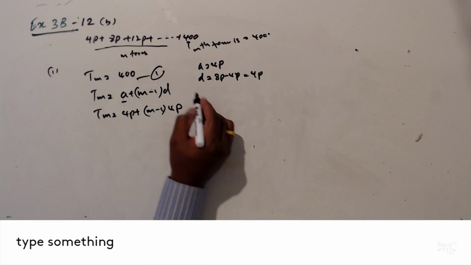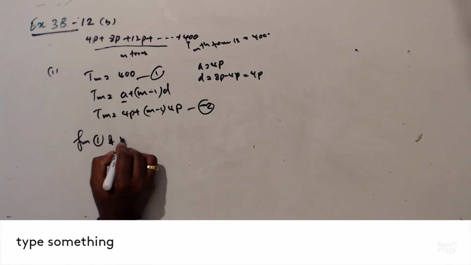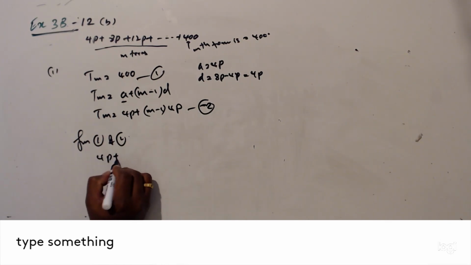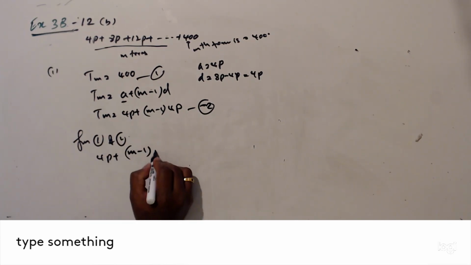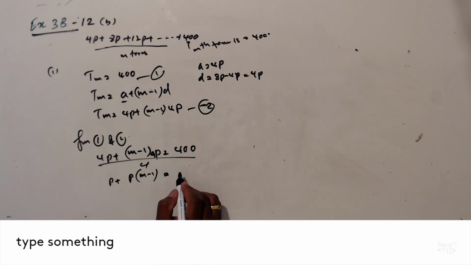Now from 1 and 2 I can write 4p plus (m minus 1) times 4p equals 400. I can divide by 4. This becomes p plus (m minus 1) times p equals 400 divided by 4, that is 100.